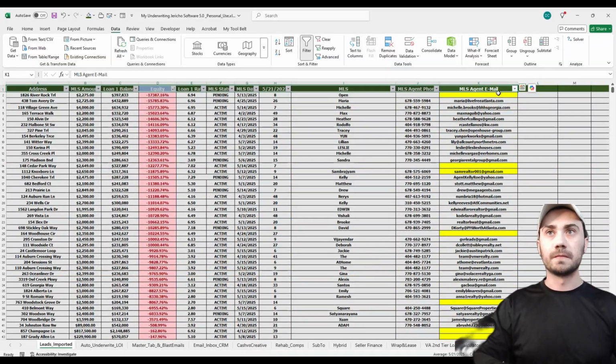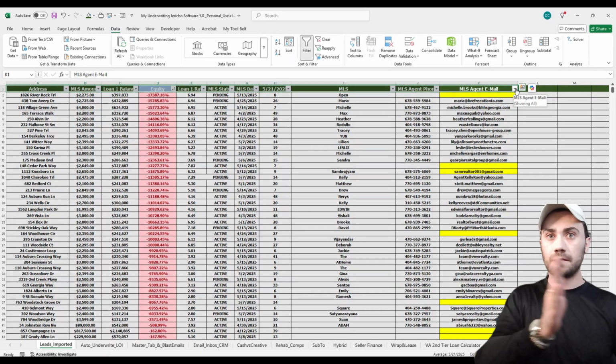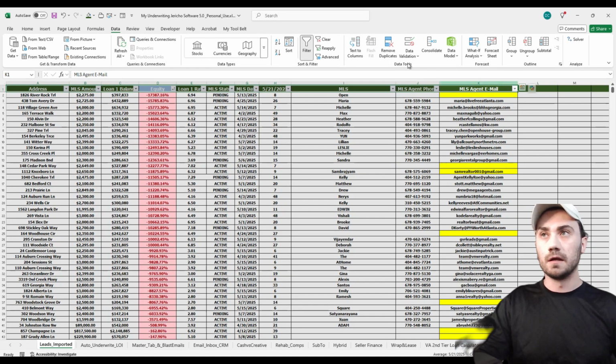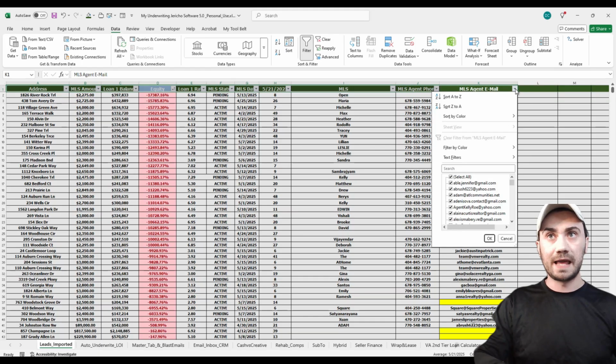But what I will do now, from left to right hand side of the filter settings here, always filter your data set from left to right hand side, same way that you are solving a math problem. You're now going to select this filter here for the MLS agent email, and we're going to sort it by color.